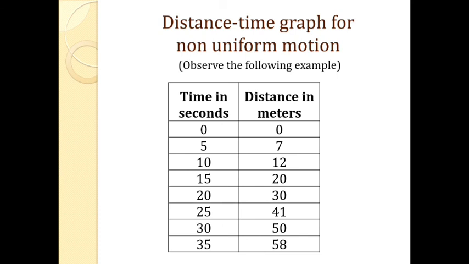Each time interval is made up of 5 seconds. Now focus on the second column, distance. In each time interval, if you observe, the distance traveled is unequal. So this is an example of non-uniform motion.